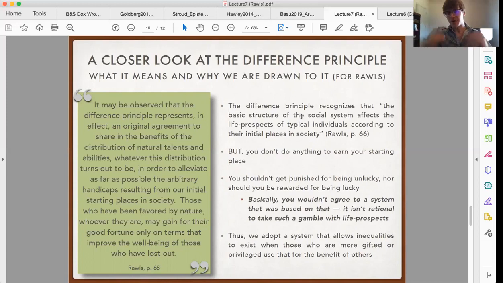So, for example, a society where there's poor people and rich people, and the rich people don't really have anything to do with the poor people is unjust. But a society that's structured more like, look, there are rich people and there are poor people, but the rich people in some way benefit the poor people, right? That's inequality that's in some way justified.